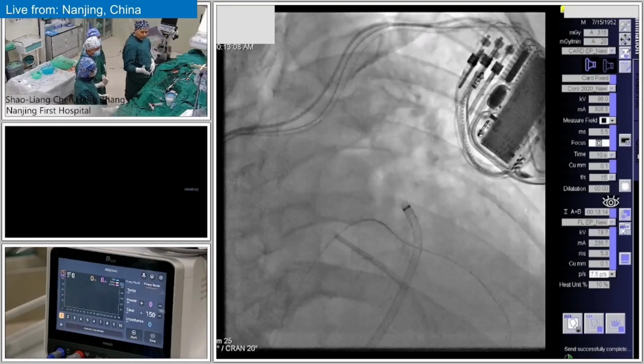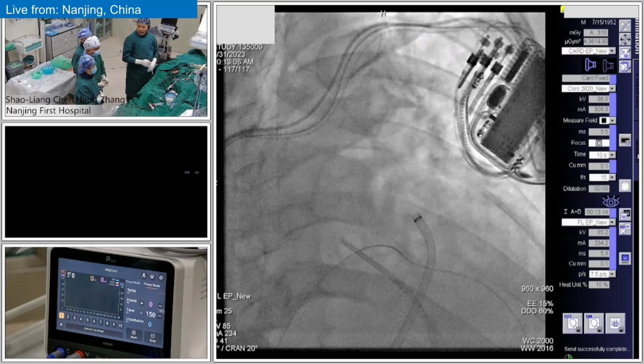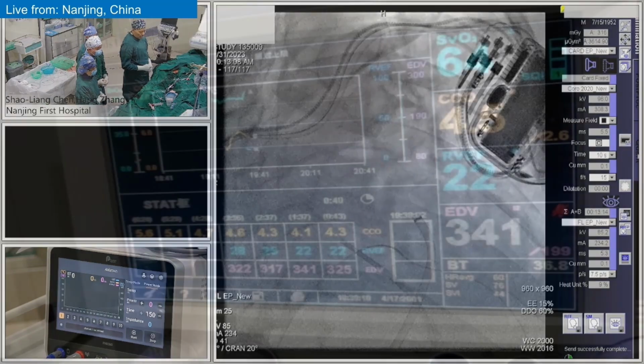So, camera, can you see the pressure line? If you can see, the systolic pressure is above 70, the diastolic pressure is around 30 to 35, with a mean pressure of 47. So it is a very significant increase in pulmonary arterial pressure.